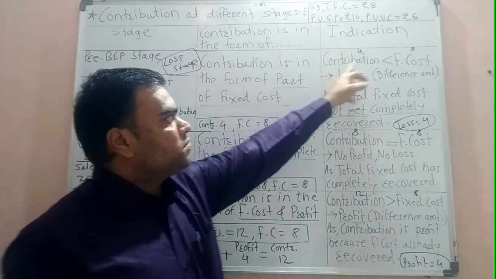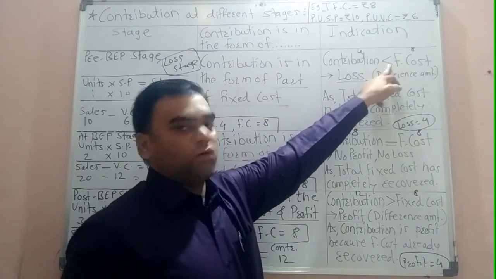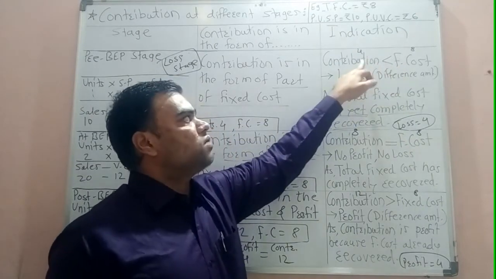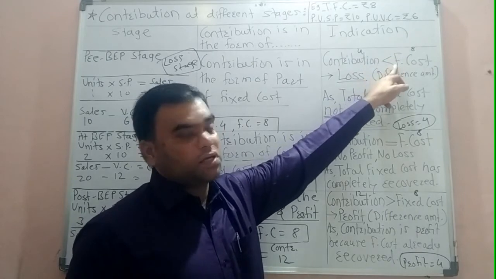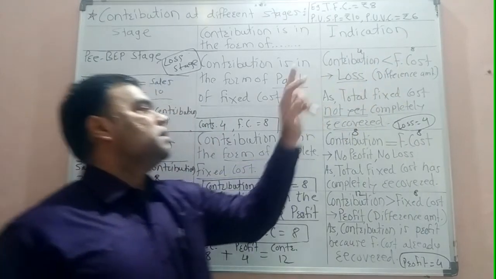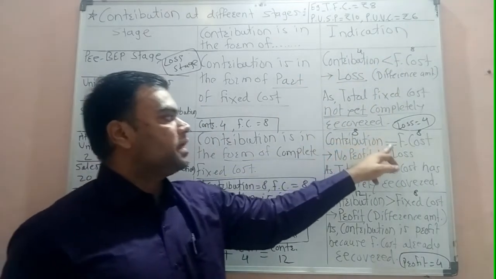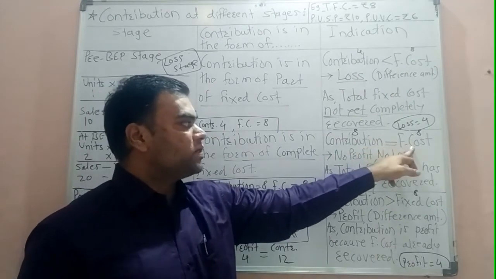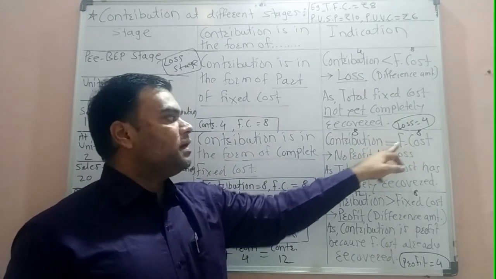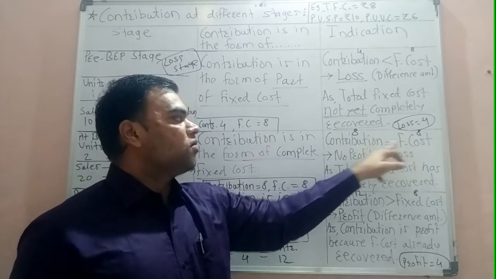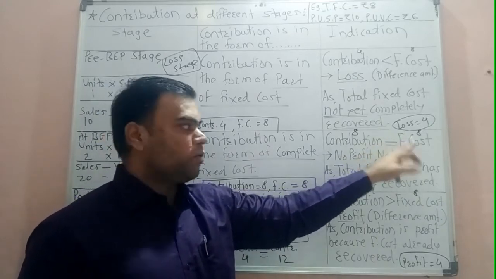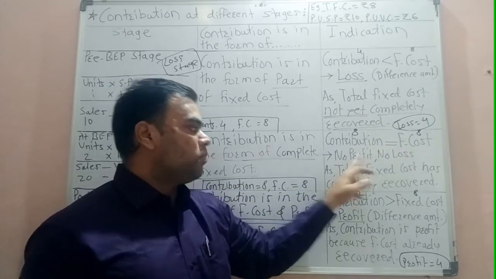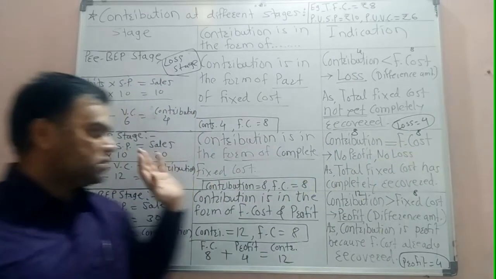If our contribution is smaller than fixed cost, means contribution is not enough to recover fixed cost, so the unrecovered fixed cost amount will be loss. If our contribution is exactly equal to total fixed cost, means we have completely recovered fixed cost, but contribution is not greater than fixed cost, that's why there is no profit, no loss. That is BEP stage.